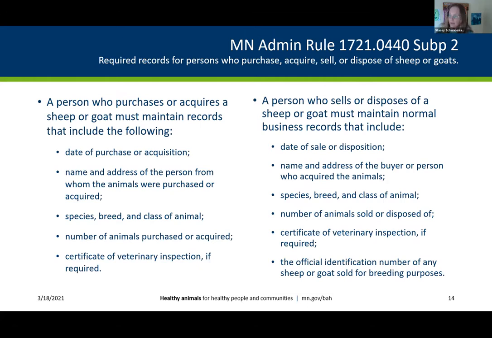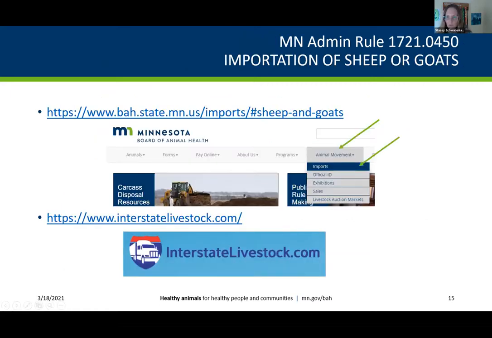So again, this information can be found on our website, and the important thing to keep track of is that there are important records that need to be documented when you buy and sell animals. And part of those records, when required, is to document those official identification numbers. And why is all that important? Well, we are going to get to that in just one moment.